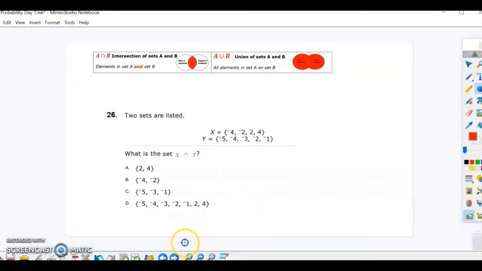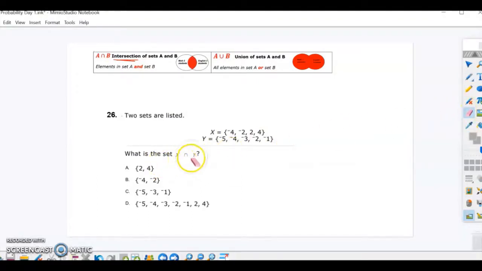Okay, next question. 2 sets are listed. What is the set for this one? So what does this mean? This means X and Y. The intersection means they have to be in both X and Y. Remember, this looks sort of like an "and."